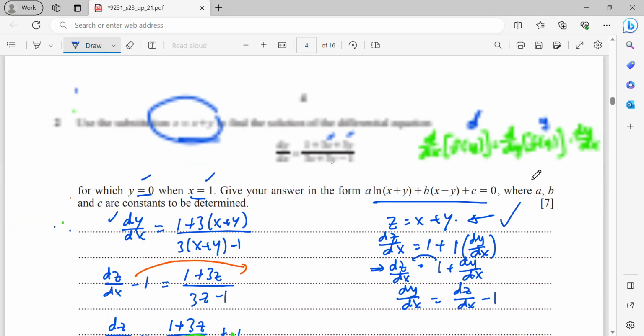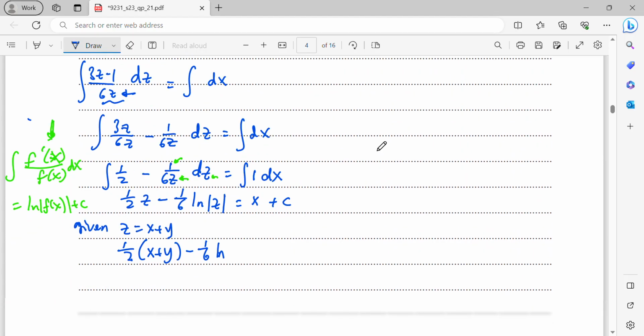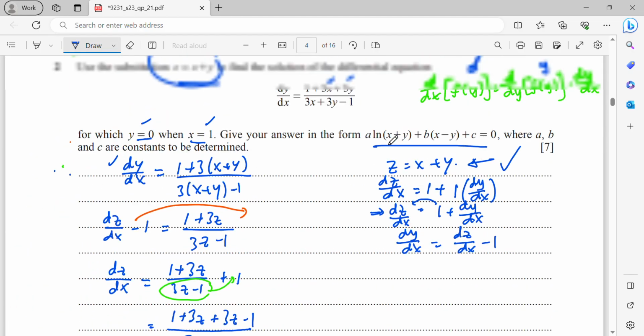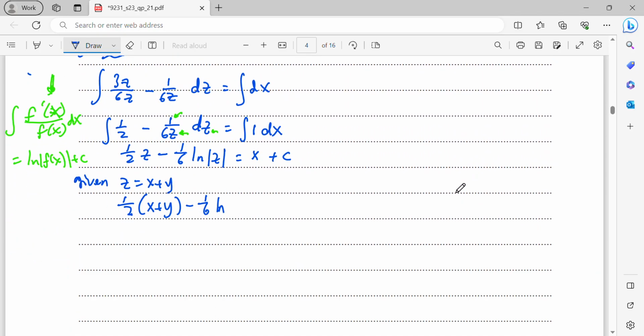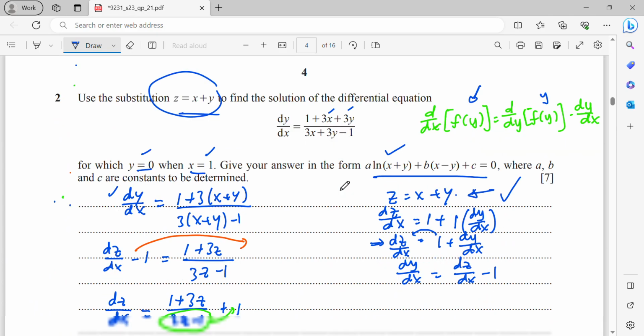Since it is ln, it will be positive, so if you want, you can just ignore the modulus now, because the answer is using brackets instead of modulus. So I will just write bracket x plus y, which equals x plus c. Now replace the given values. You are given y is 0, x is 1.